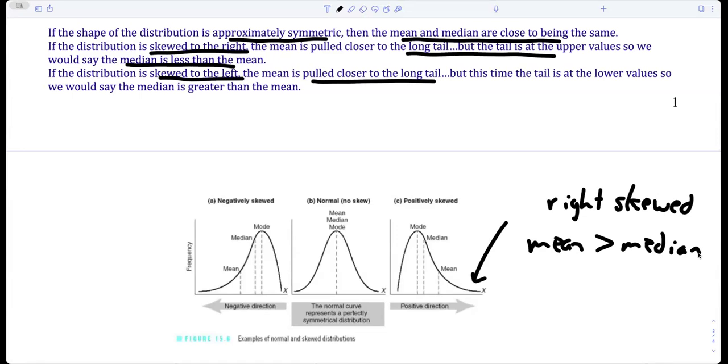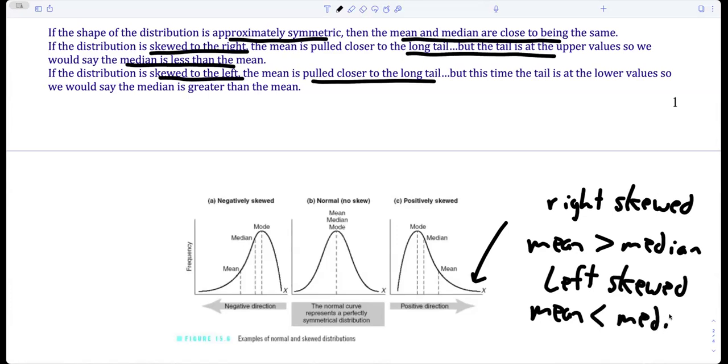And the same thing works for a left skewed distribution. Okay, in a left skewed distribution, the mean is going to be less than the median. Because, look up here for a second on this graph.